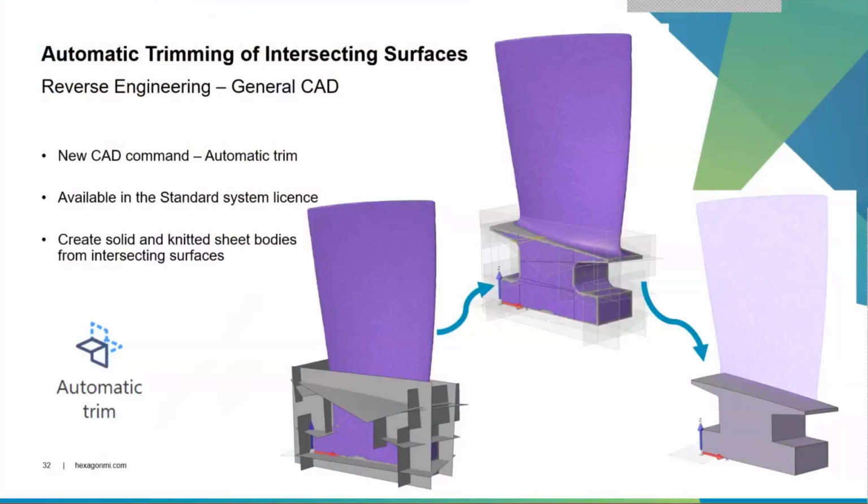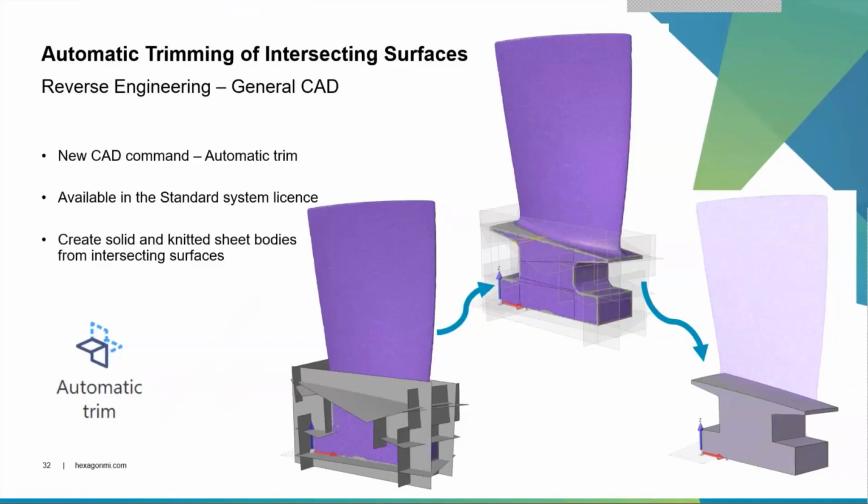So we have this new command, automatic trim. I've tried to put the new icons for all the commands as well so you can identify them. It's available on the standard system license, and it automatically trims intersecting faces and surfaces into either solids if they're completely watertight, or sewn sheet bodies if there's small gaps.